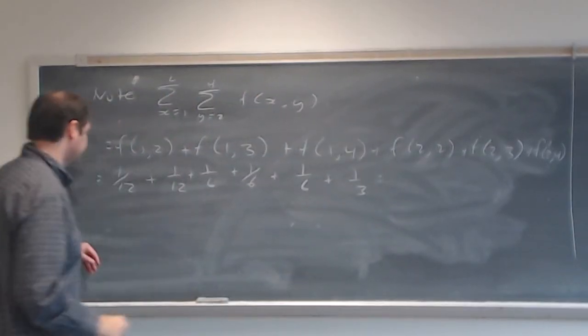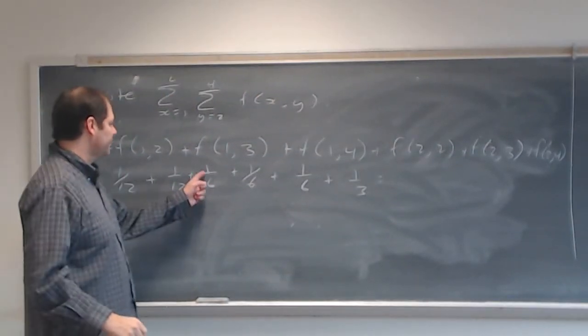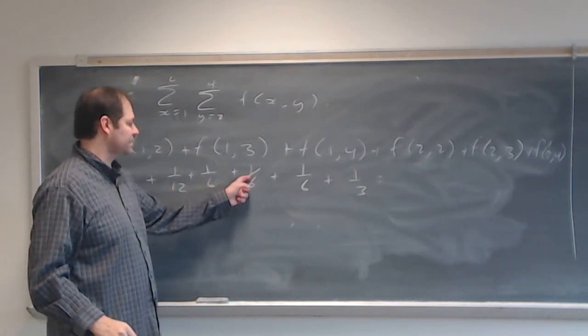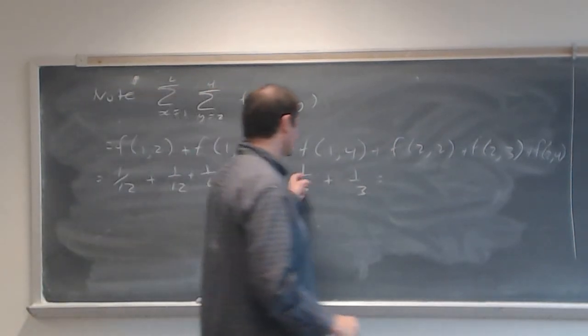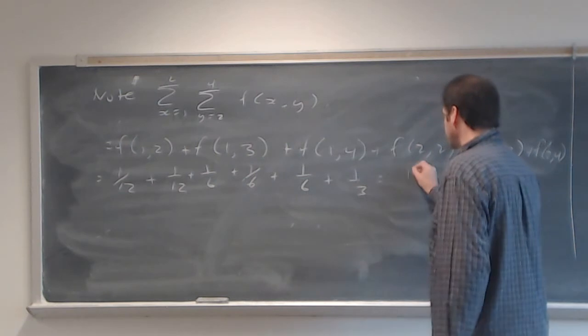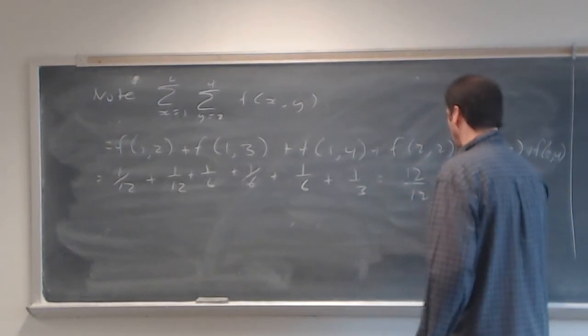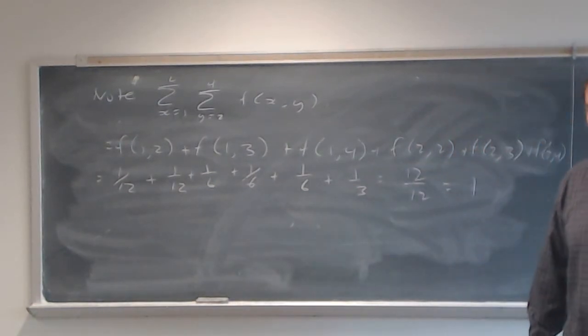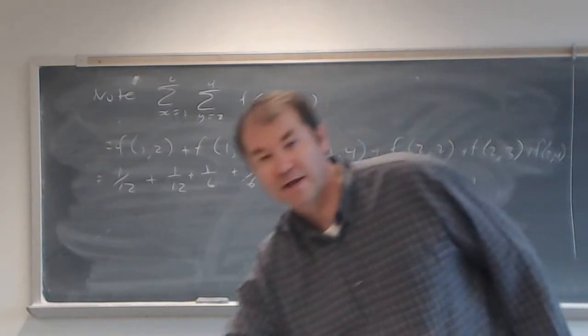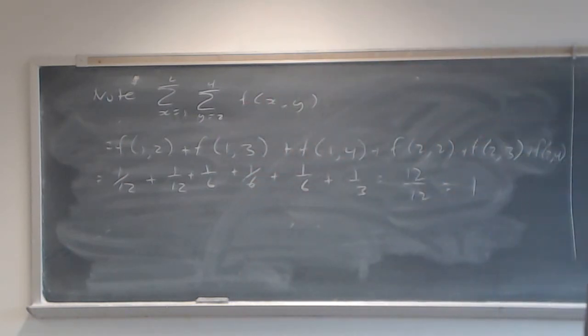Okay, so let me think of this in terms of 12. There's 2 twelfths, this is 2 twelfths, so that makes 4 twelfths, 6 twelfths, 8 twelfths, and that's 4 twelfths, so we do get 12 out of 12, which equals 1. And that's what we're supposed to get when we sum up all the values of the joint PMF of x and y.